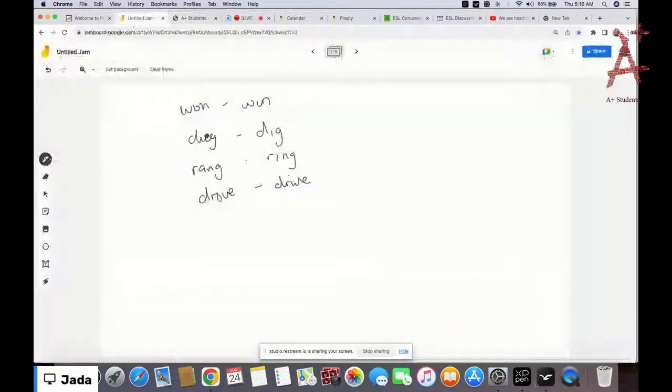So we have wrote. This is how to answer this lesson and know everything you need to know about the irregular past tense.